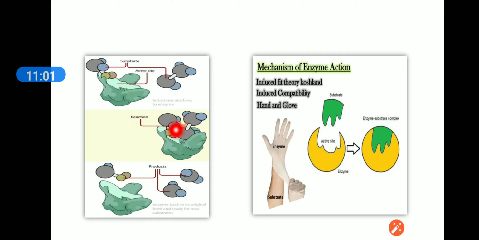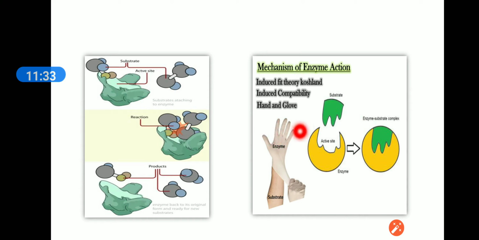After the interaction, there is induction of conformational change within the enzyme, but the specificity of the enzyme does not change. The right hand glove will fit into the right hand, it will not fit into the left hand. The fingers will fit into the fingers of that glove.